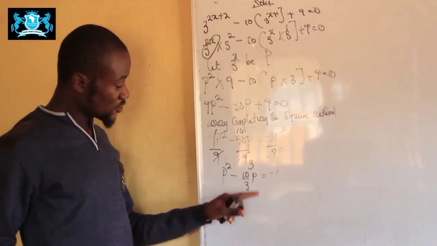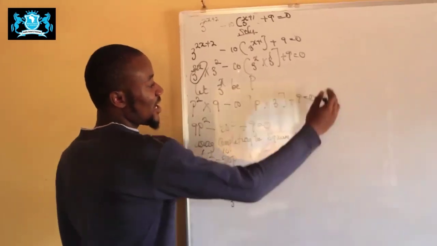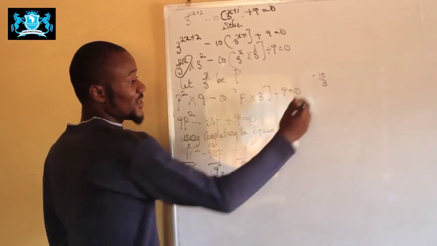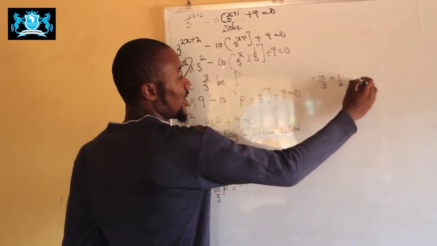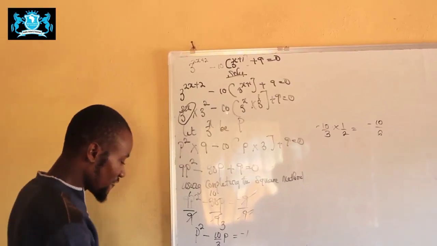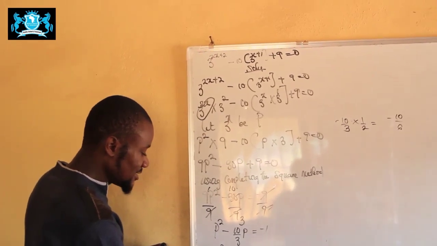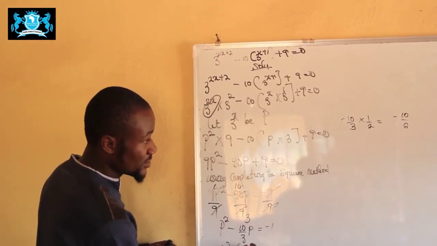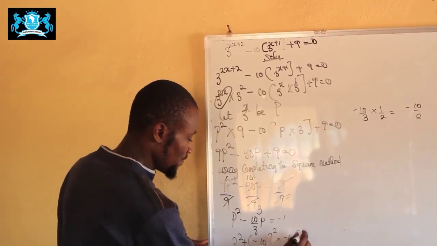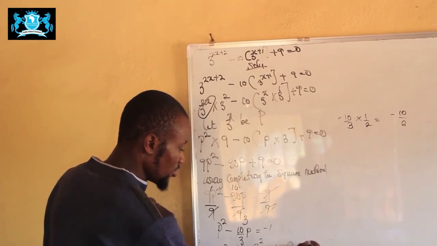So what is the coefficient of p? The coefficient of p is minus 10 over 3. Multiply it by half, considering the minus sign: minus 10 over 3 times half, you have minus 10 over 6. Square it and add to both sides. You have p squared plus, minus 10 over 6 all raised to the power 2, is equal to minus 1 plus minus 10 over 6 all raised to the power 2.